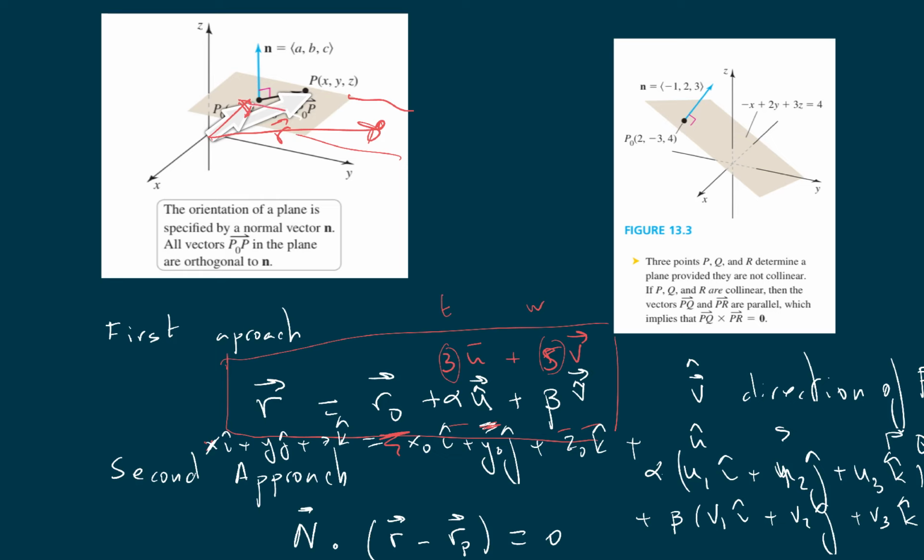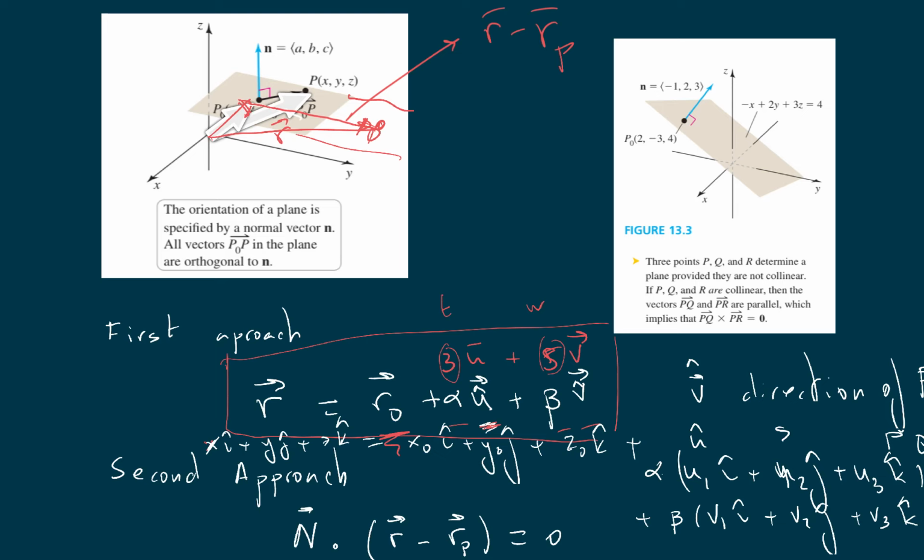Let me write it. r minus r0 is this vector, and this vector lies on the plane, sitting down on the plane. So the dot product of n with this vector, r minus r0, where r is generic, is 0 because they are perpendicular.